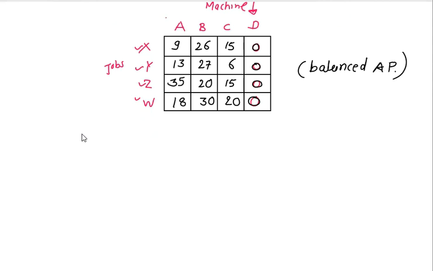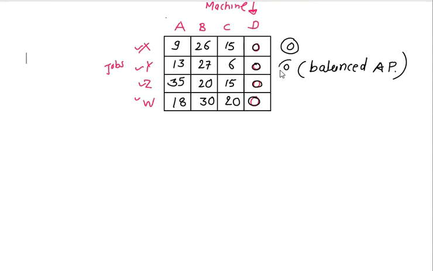Now we solve this balanced assignment problem using the Hungarian method. So what is the first step now? Subtract the smallest entry of each row from all other entries in that row. In the first row, the smallest entry is 0. Subtracting 0 will not change the numbers in the first row.